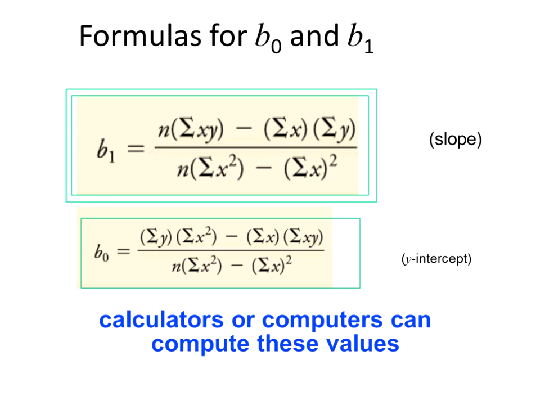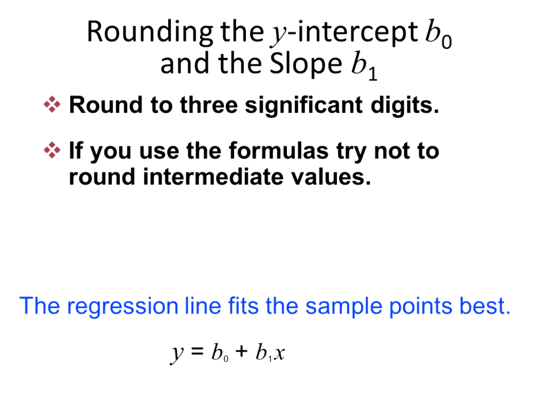If you want to use them, you can one or two times, but you're not going to have enough time on the final exam to be using these formulas. So you want to make sure you get comfortable with calculating all of this using your calculator. The rounding of your slope and your y-intercept goes to 3 significant digits.